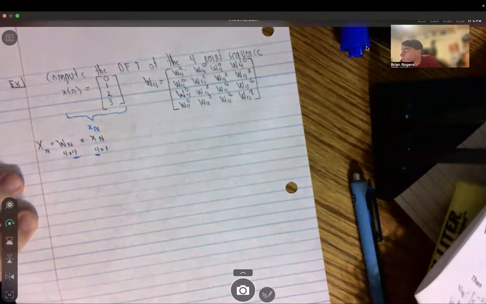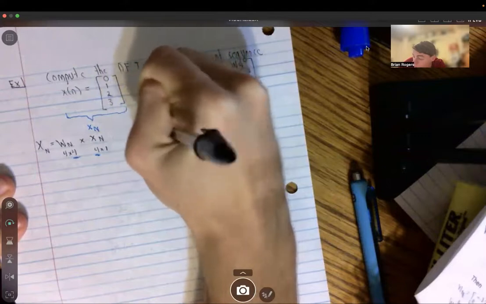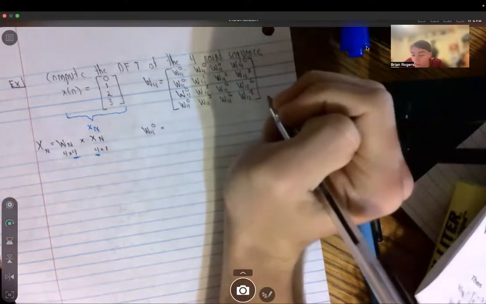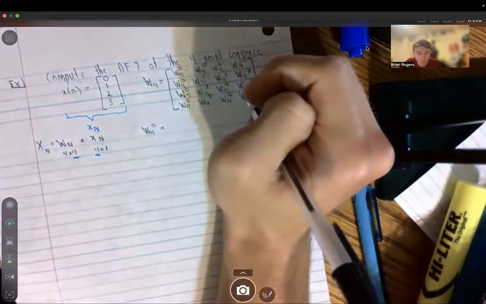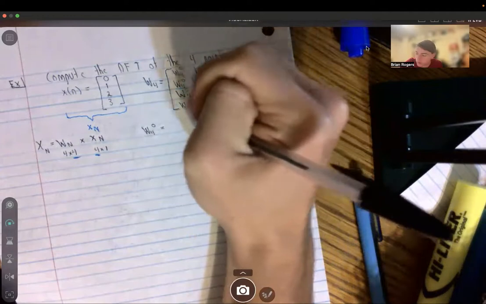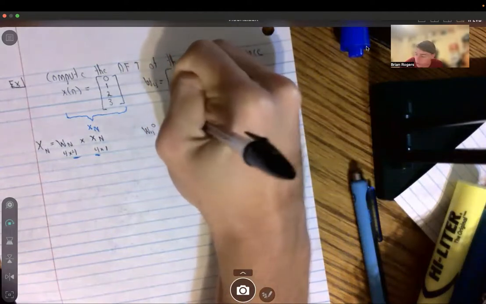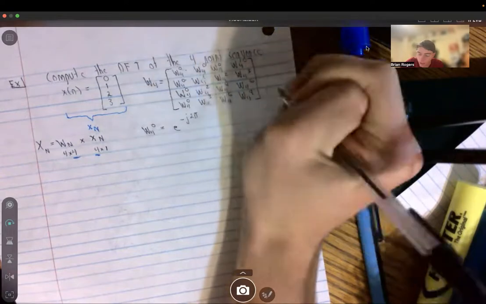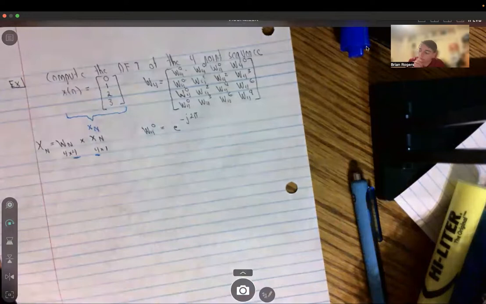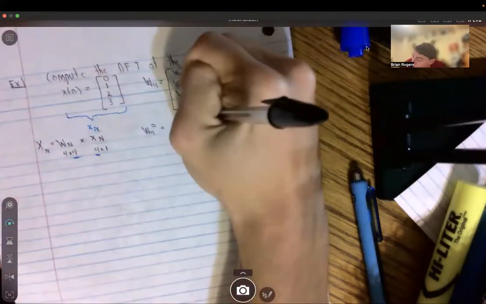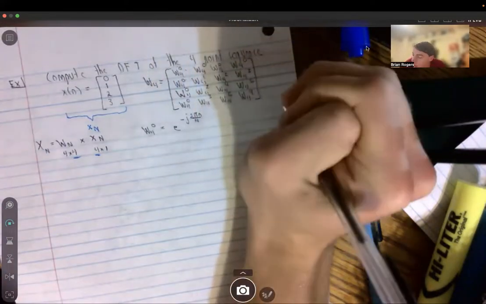In order to solve for these, when we do W4 to the power 0, remember, in our notes, we had this written as e to the negative j 2 pi n over capital N.